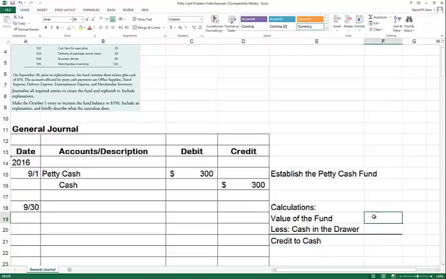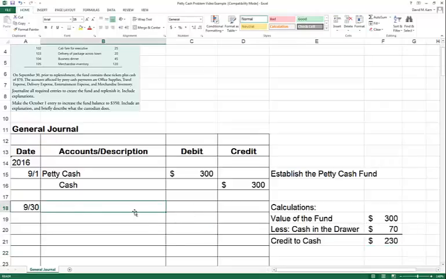In this case the value of the fund was $300. It told us right here that the fund contains tickets plus cash of $70, so we'll subtract out the $70 and we'll see that we have to credit cash for $230 when we replenish the fund.